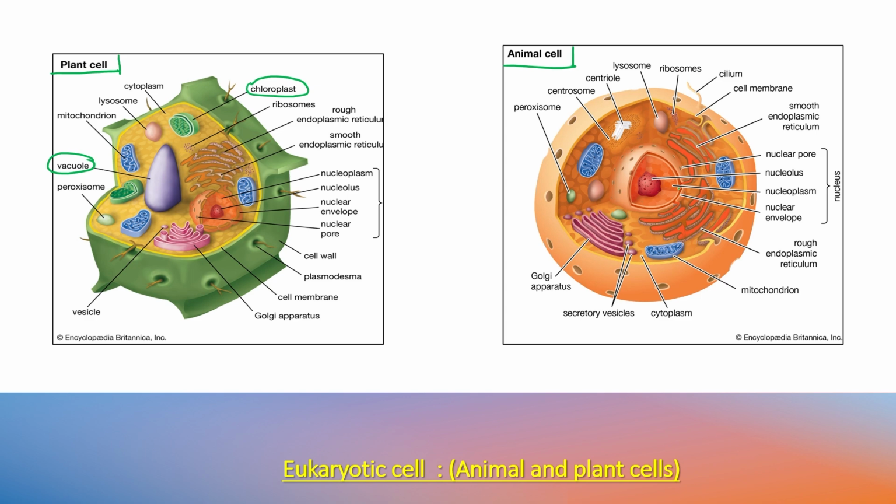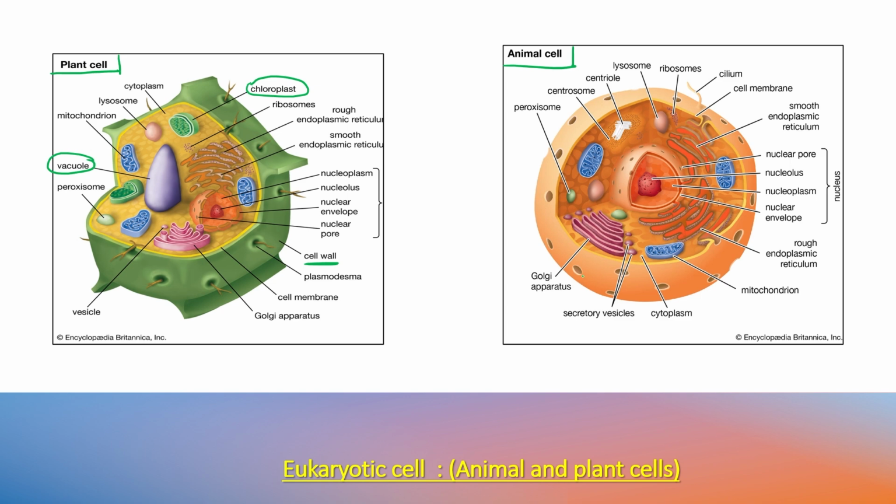No big central vacuole, but there are many small vacuoles. The plant cell has a cell wall on the outer surface, while in animal cells there is no cell wall. So these kinds of differences exist between plant cells and animal cells.